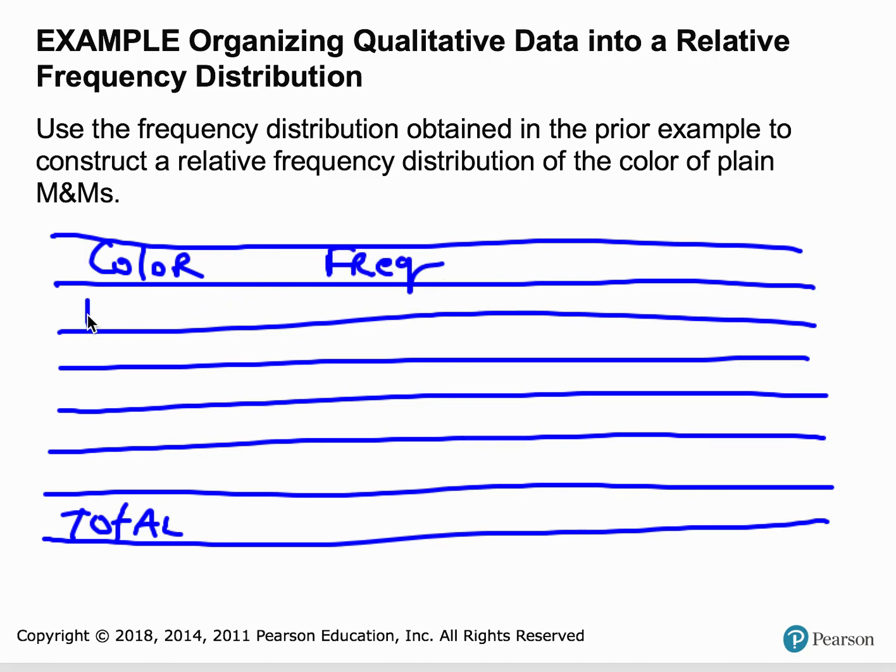So we had brown, yellow, orange, blue, green at 12, 10, 9, 6, 3, 5. Wait a minute. Brown, yellow. Oh, I left off red.